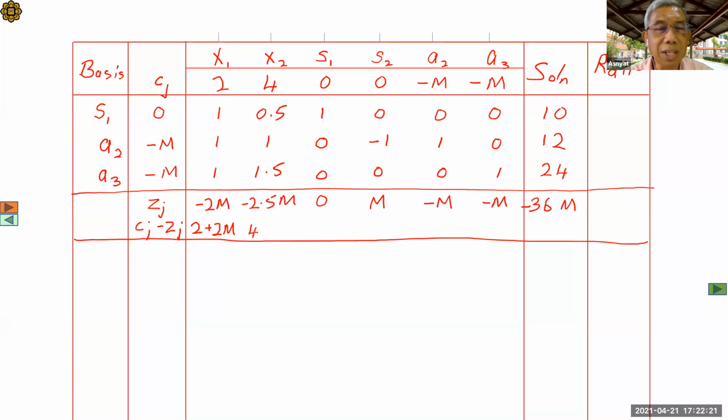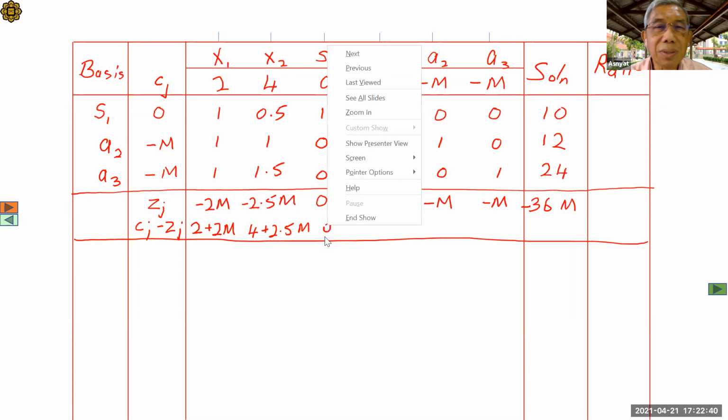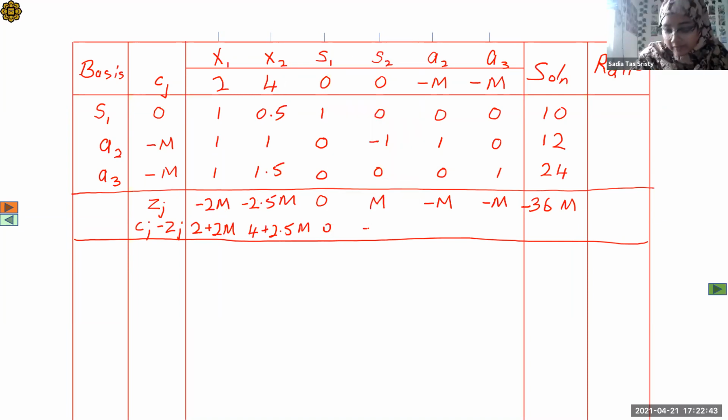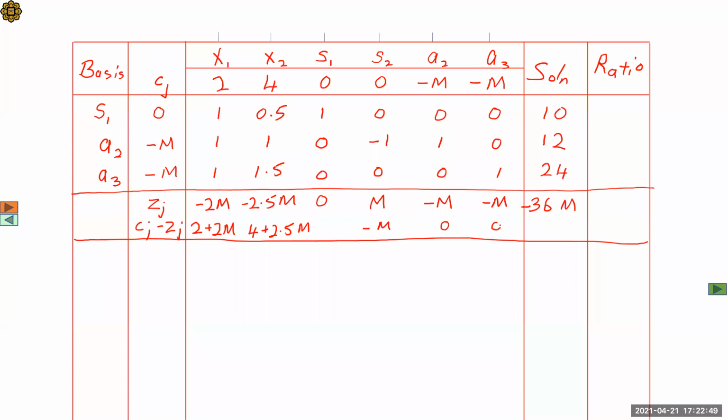Let's say M is a large number, 1 million. 4 minus negative 2.5M becomes 4 plus 2.5M. Then this one, 0, negative M, negative M, 0, positive M, positive M, 0, 0.